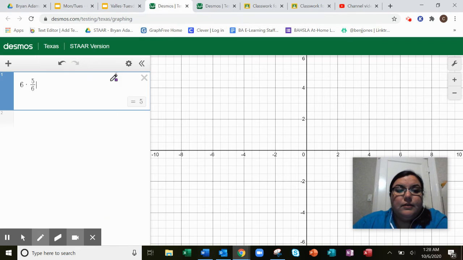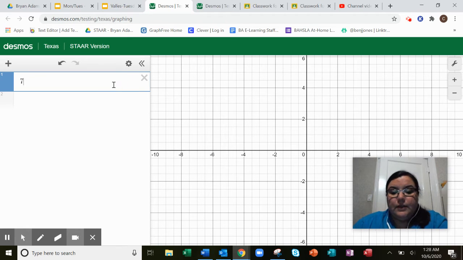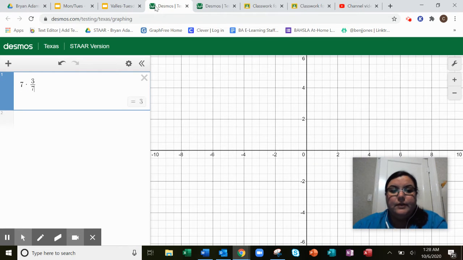Moving on to my next set of parentheses, I see 7 times 3 over 7, so I'm going to go ahead and type that in my calculator also. So that was 7 times 3 over 7, so 3 divided by 7, and we get that it's 3.